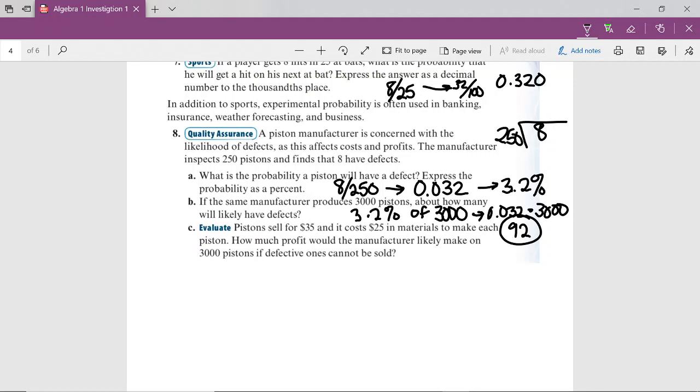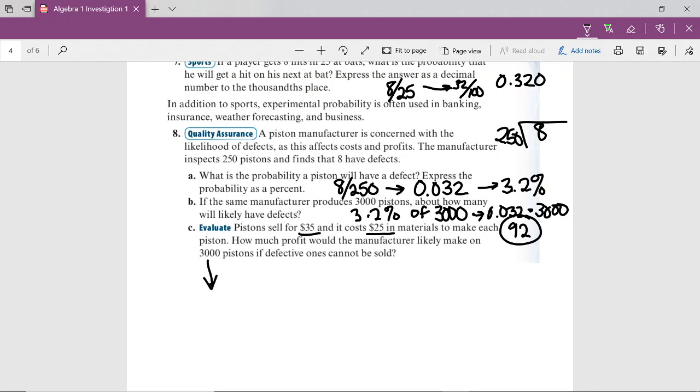So let's figure out some different amounts here. If I were to actually sell all of those pistons, I would make $10 profit, because they sell for $35 and cost $25, so a profit of $10. But I can't sell all of those pistons.